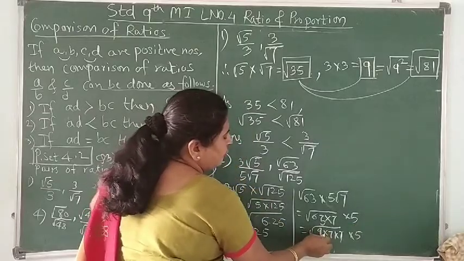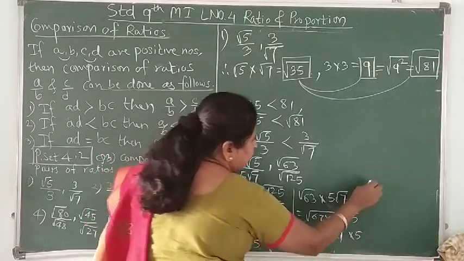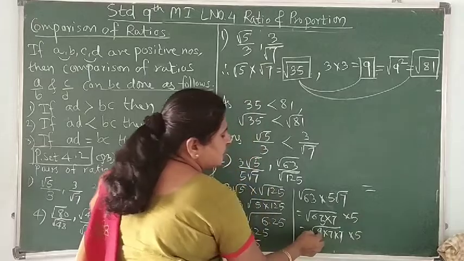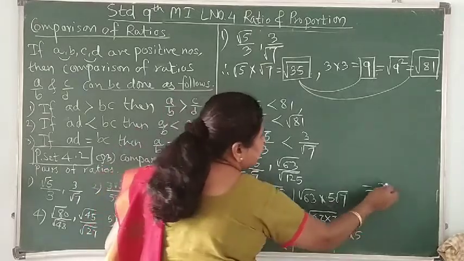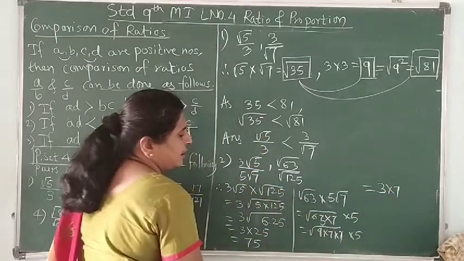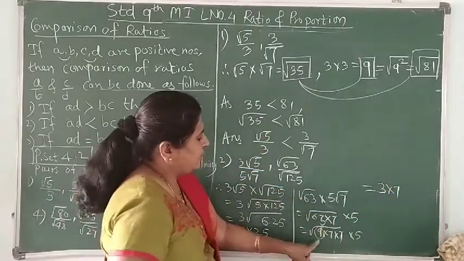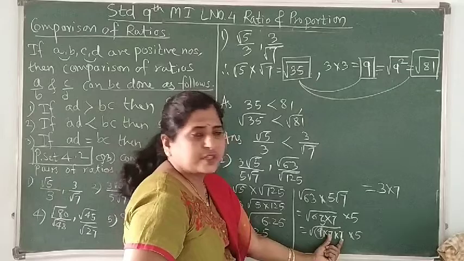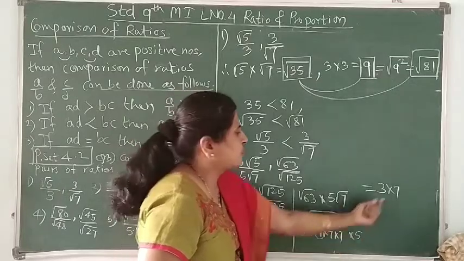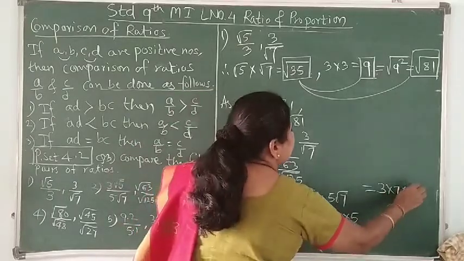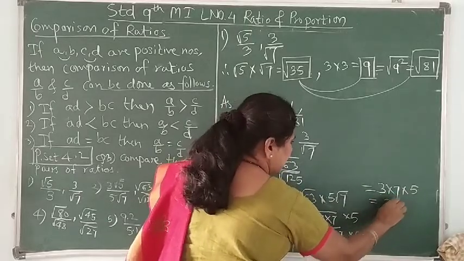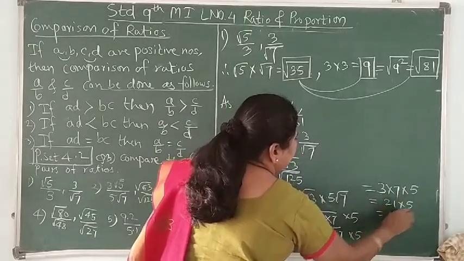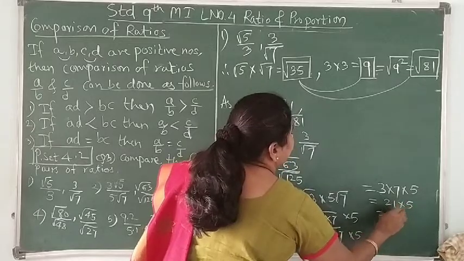Now the square root of this product: the square root of 9 is 3, and the square root of 7 into 7 is 7. 9 is a perfect square, its square root is 3, and 7 7s are 49, its square root is 7, and this should be multiplied by 5. Now just check this. 3 7s are 21 into 5. 5 1s are 5, 5 2s are 10.